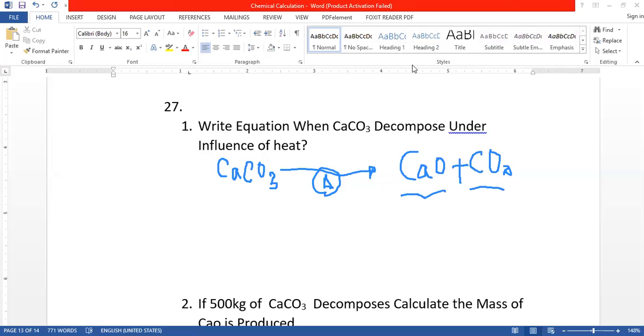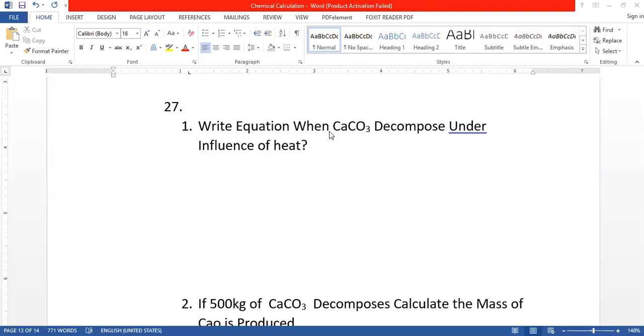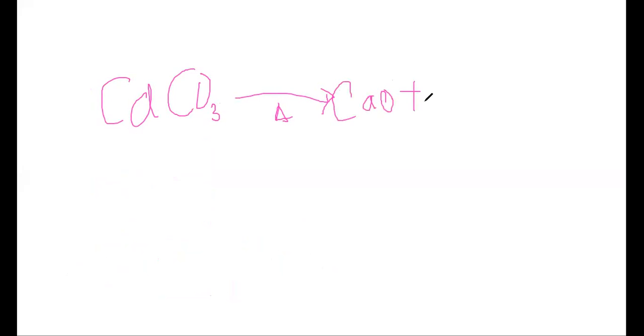Okay, I'm going to use the whiteboard here now. Calcium carbonate dissociates: CaCO3, when you supply heat, becomes calcium oxide and carbon dioxide.